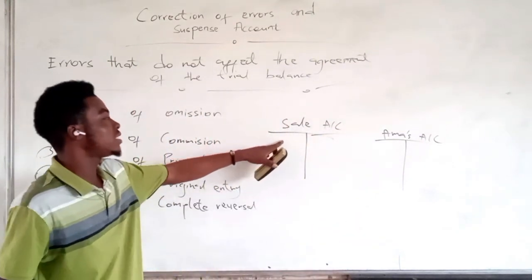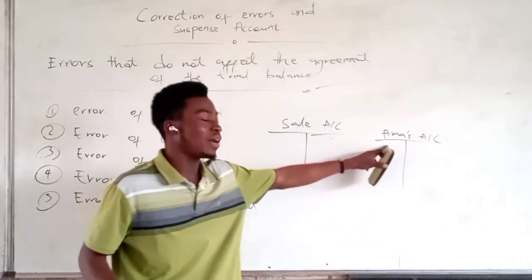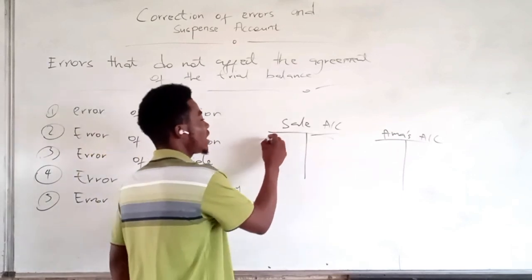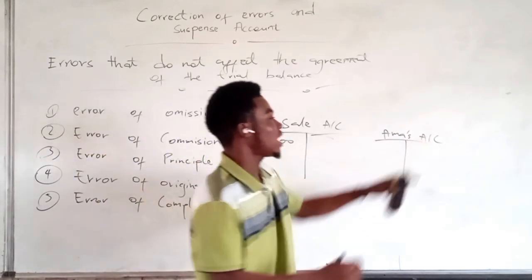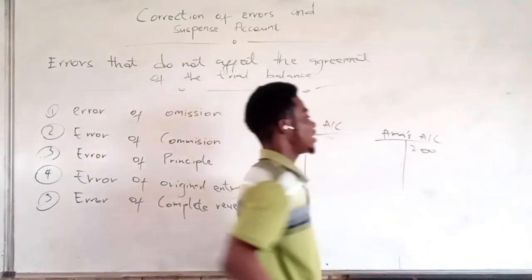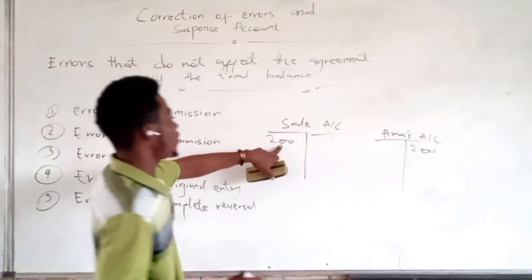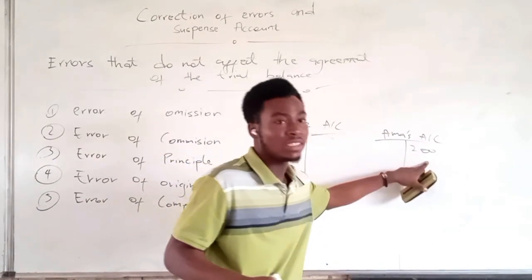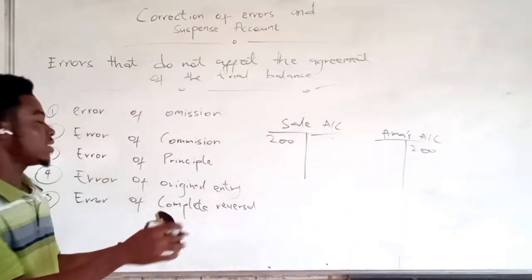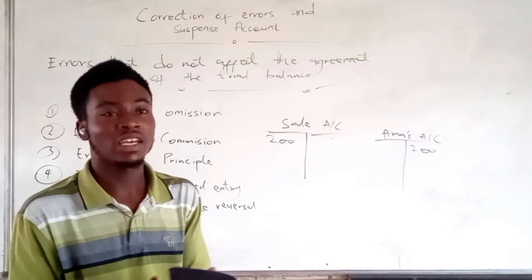But we debited sales account with the 200 and credited Amex account with the 200. And this error is not going to affect the agreement of the trial balance because the debit side and the credit side have been reversed. That's a complete reversal.